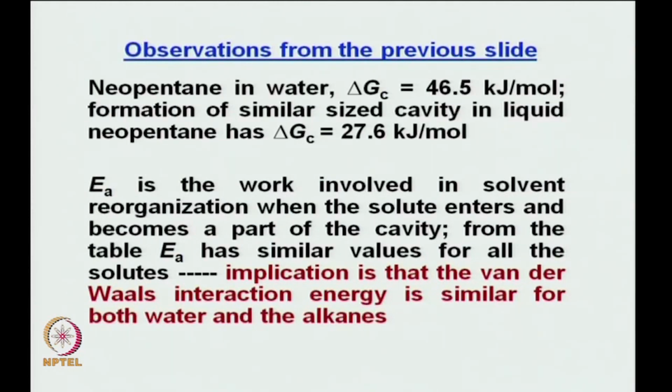And we have defined EA as the work involved in solvent reorganization when the solute enters and becomes a part of the cavity. Now, from the table, EA has similar values for all the solutes. That is what we just discussed. So, what is the implication? The implication is that the van der Waals interaction energy is similar for both water and the alkanes. Do you not think it is surprising?